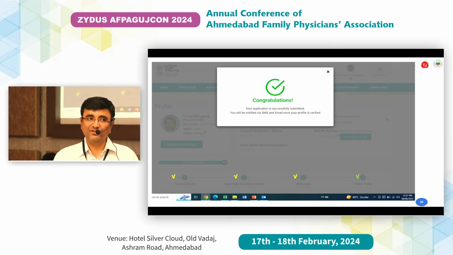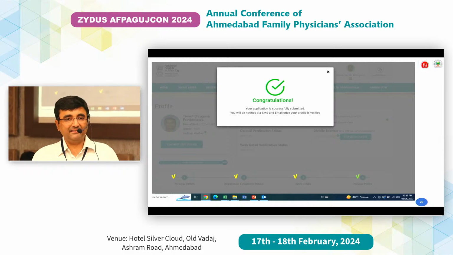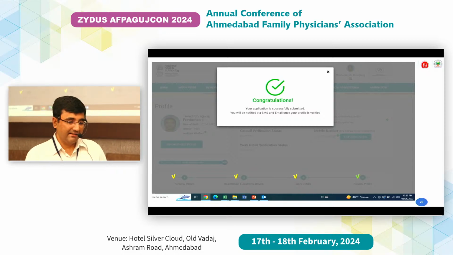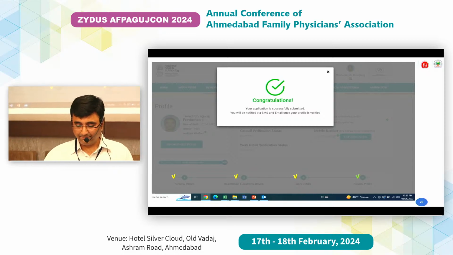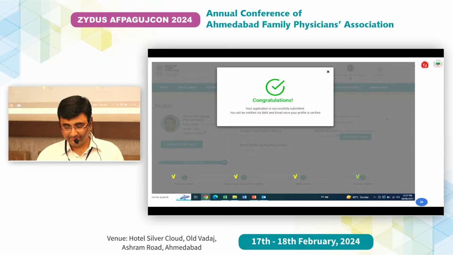Every application is minutely scrutinized and assessed, and only when they are satisfied is the application approved. It is cross-verified with the existing database, with the existing list, and only then is the application approved. And these are the steps of applying for HPR.